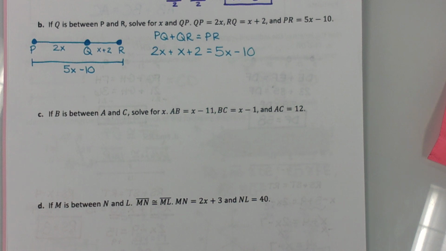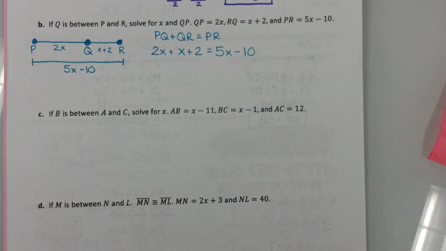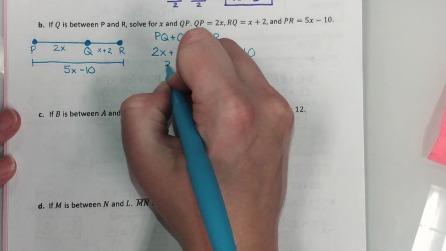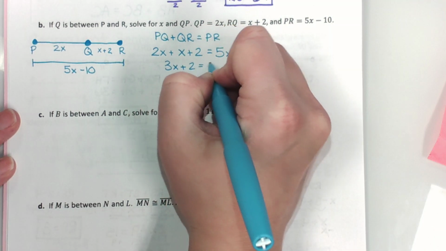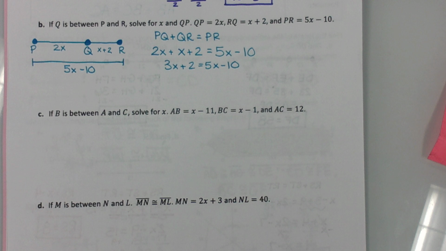If I want to solve this, Jerry, where should I start? Exactly. 3x plus 2 equals 5x minus 10.